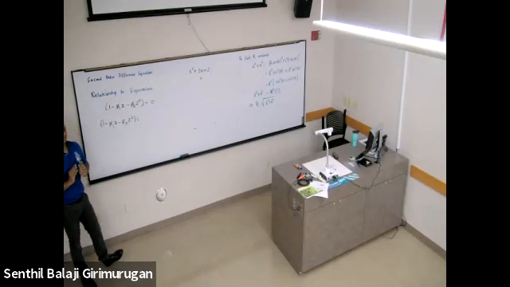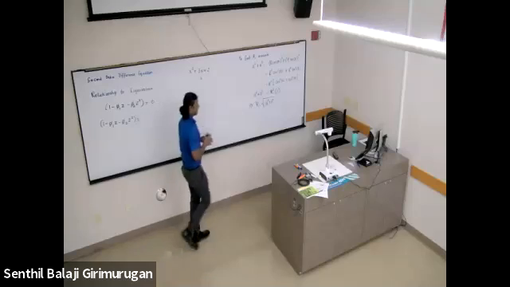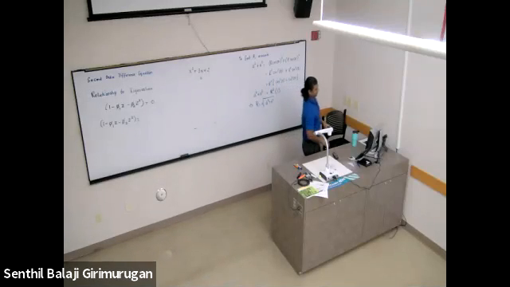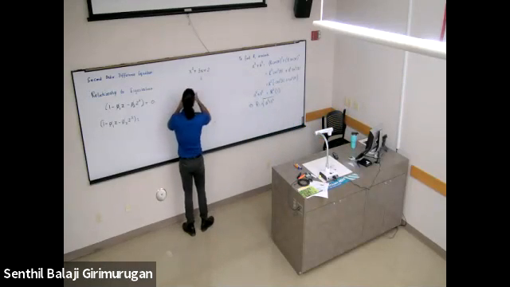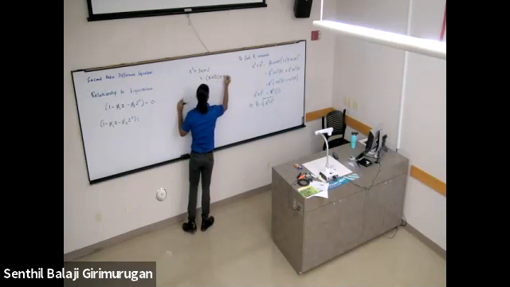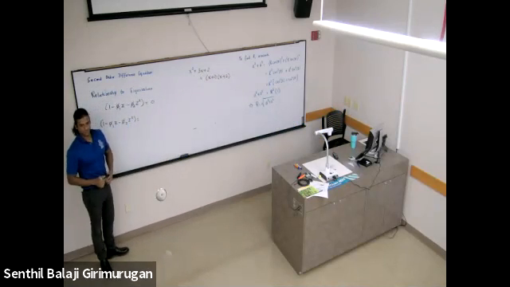I want you to write that in factored form: x squared plus 3x plus 2. The factored form for x squared plus 3x plus 2 is simply x plus 1 times x plus 2.